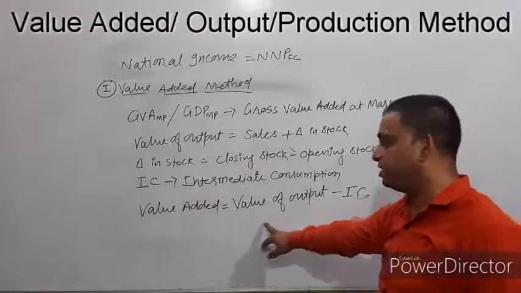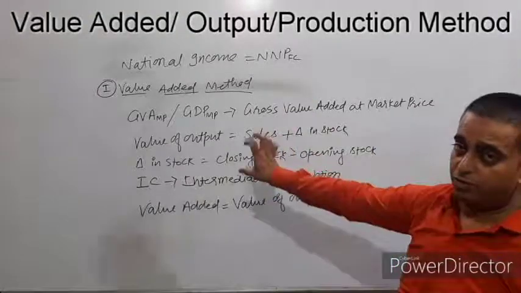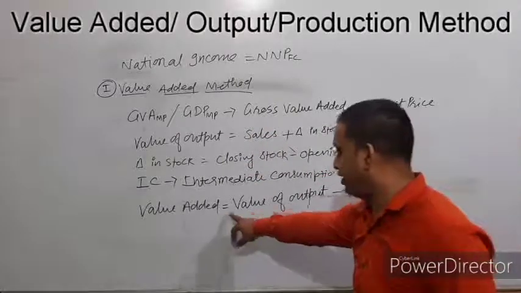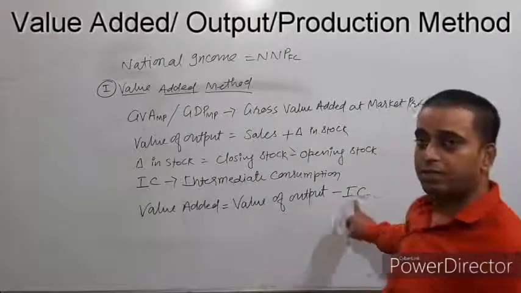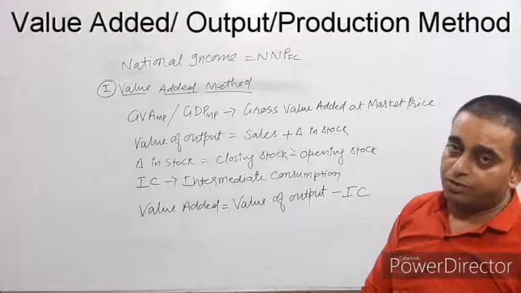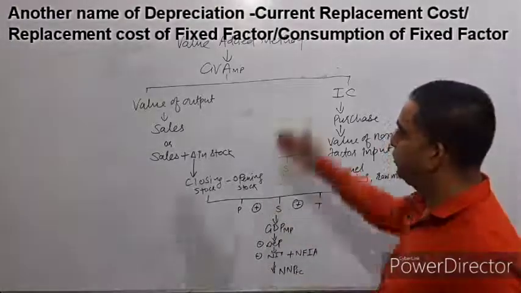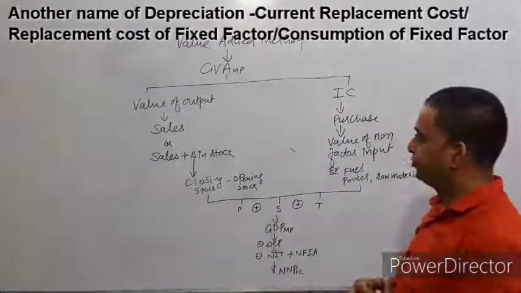Next one is here, if you want to know what is the formula of value added. So value added equals value of output minus intermediate consumption, right? Value added we can understand with the help of this chart also.